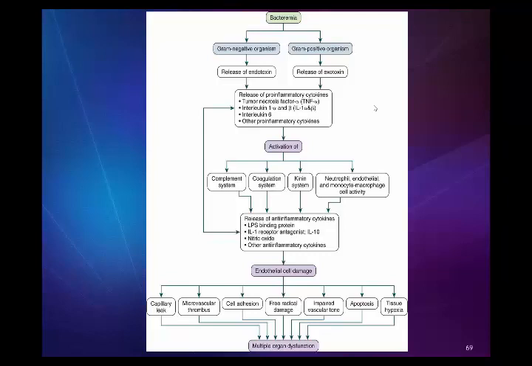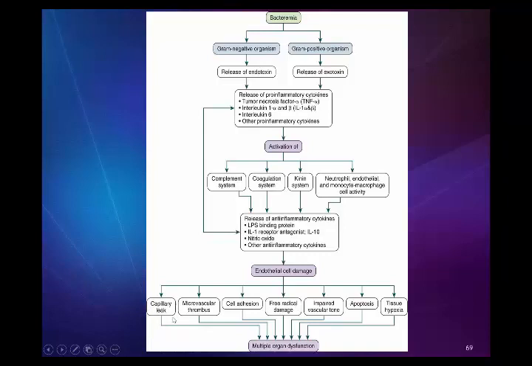Just another picture, a little busier, but a couple things I want to point out. Here's your bacteria up here, and then just the two different, I don't think it really matters. But here's some of the pathophysiology that occurs. It affects the complement system, coagulation, kinin system, neutrophils, so all of that, and a lot of inflammation. There's your nitric oxide that increases. Then you have capillary leak, excuse me.